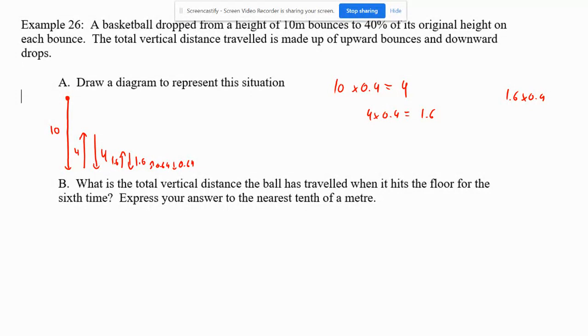So here's what our sum is. If I count all the down arrows, sound good? And then if I get all the up arrows, it's going to be 4. So it's not going up 10, remember, it's only going down because it's dropped from a height of 10.